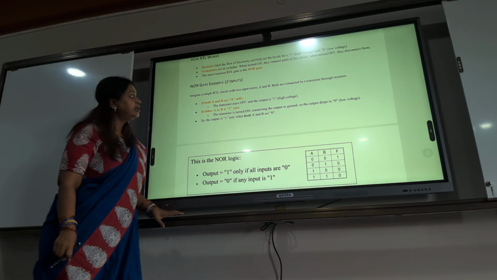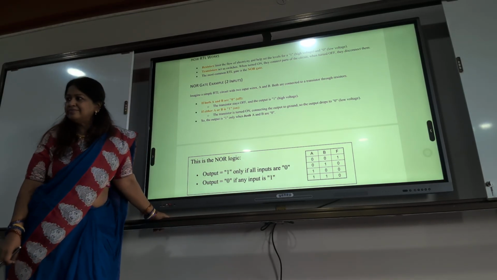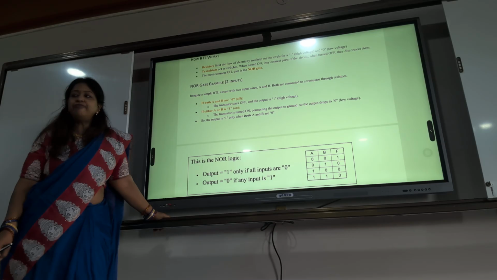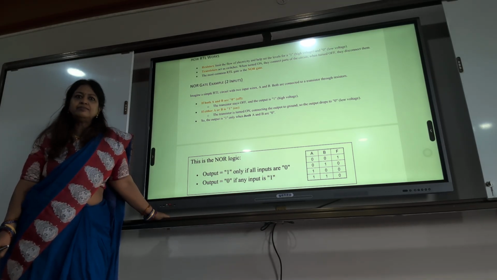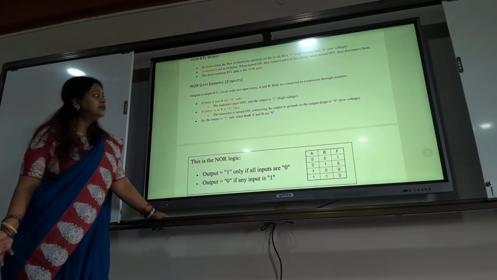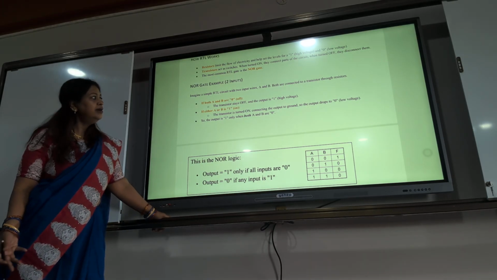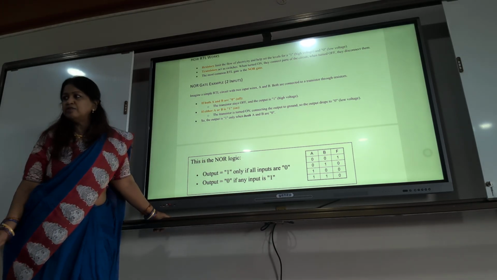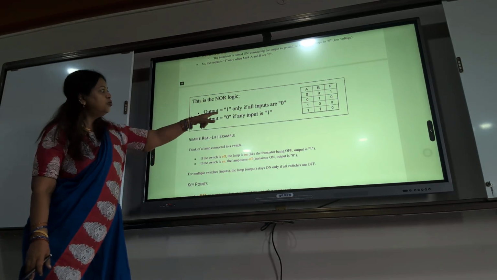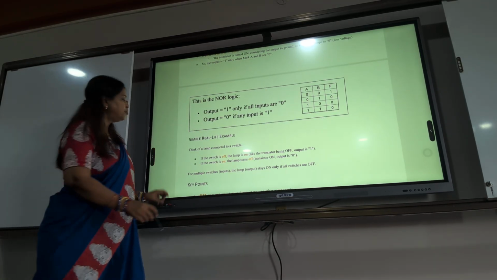So if both A and B are 0, what happens? The transistors stay off and the output is 1. If either A or B is 1, then the transistors are on and the output is going to be 0. This is the logic we are going to use. Output is 1 only if all the inputs are 0.